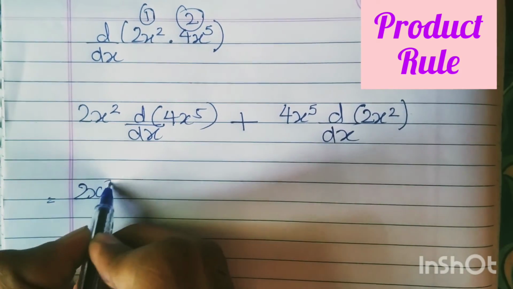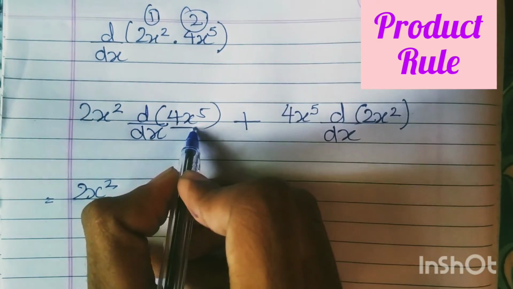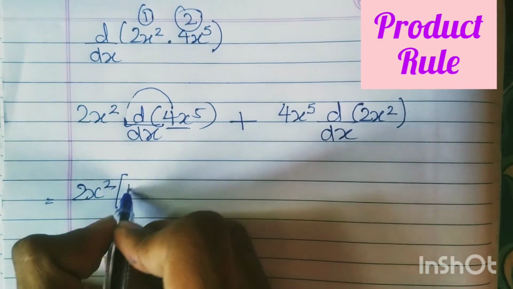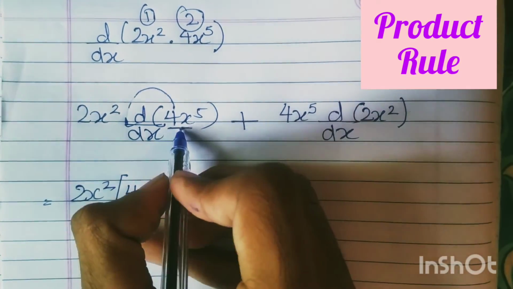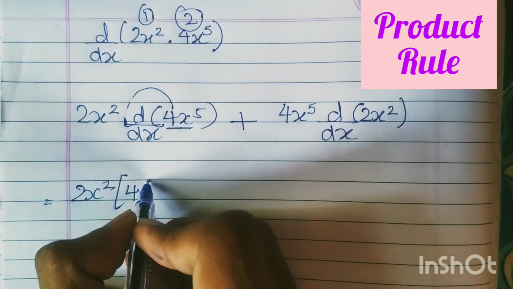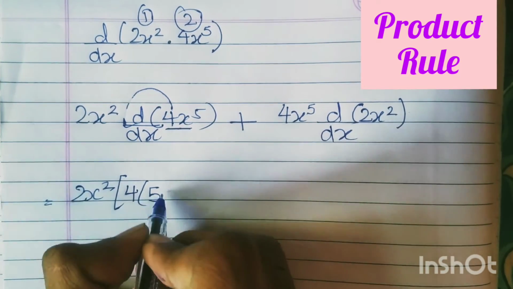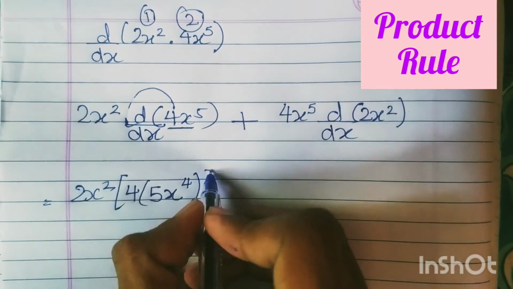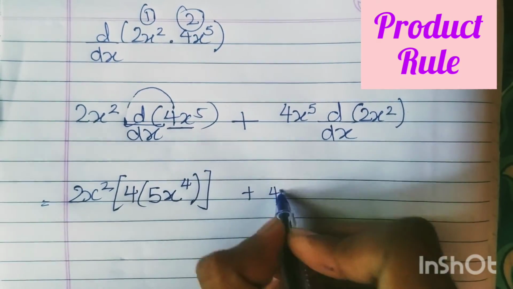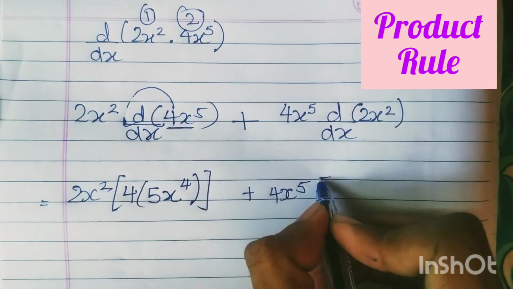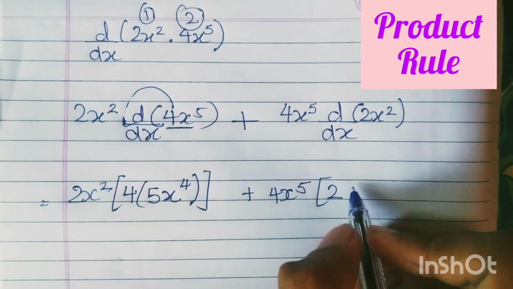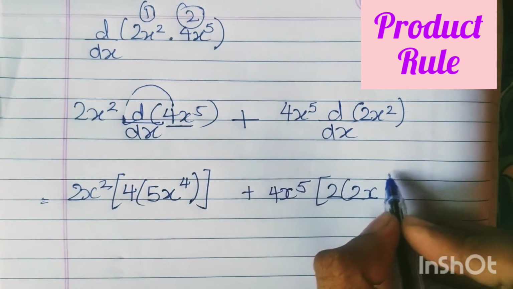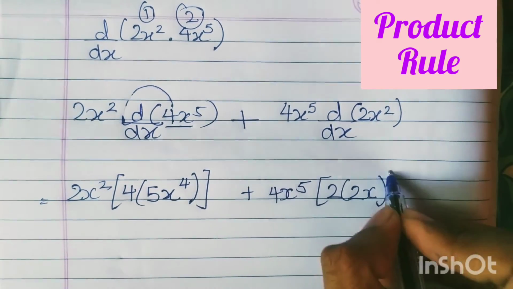Next step will be the differentiation of this term. You will bring the constant here, as you remember earlier, 4, then the differentiation of x raised to the power of 5. That will be your power first, then variable, and 5 minus 1 is 4, plus 4x raised to the power of 5. Again bring the constant here, then your first power, 2x, 2 minus 1 is 1.